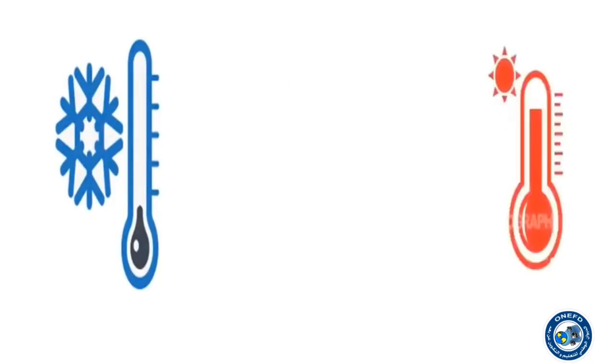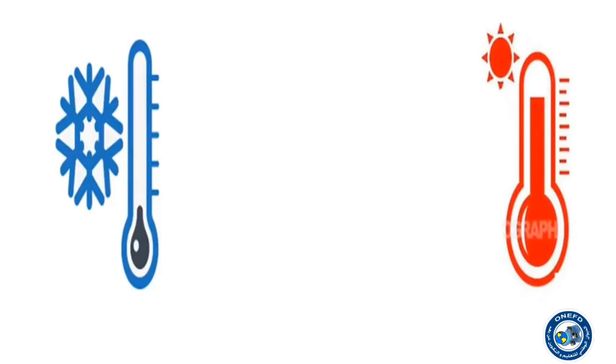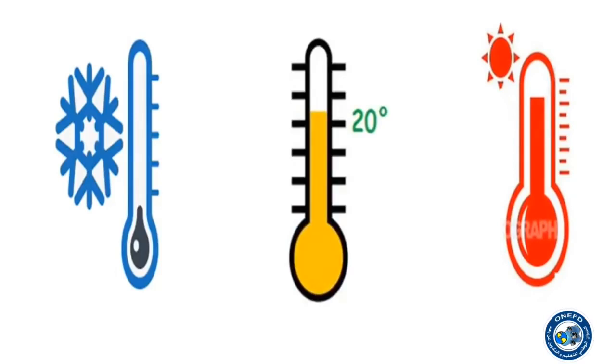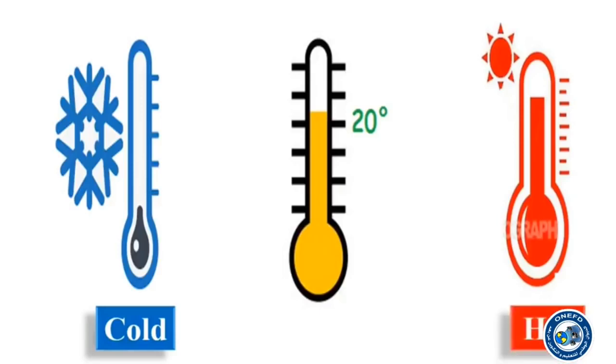So these are the three weather conditions. Number 1, 2, and 3. The first one is cold. When it is, for example, less than 10 degrees, it is cold. And then the second one is hot.